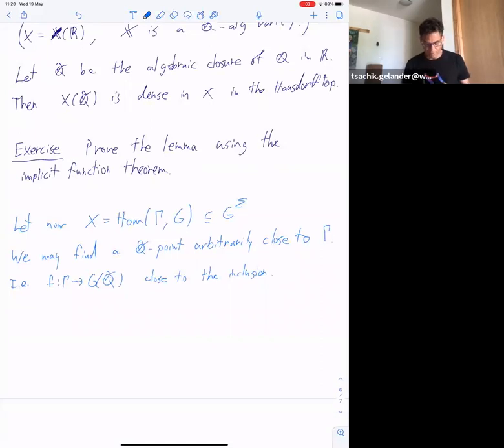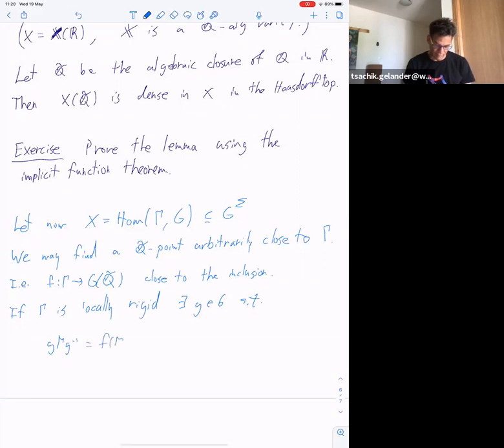If Γ is locally rigid, it means there is g in G such that gΓg inverse equals f of Γ. So in particular, it belongs to G(Q̃).